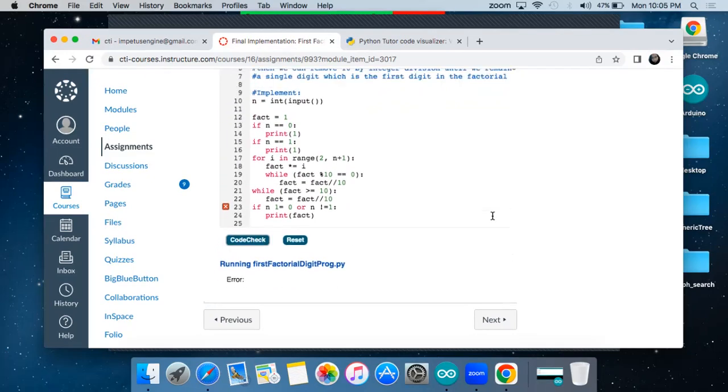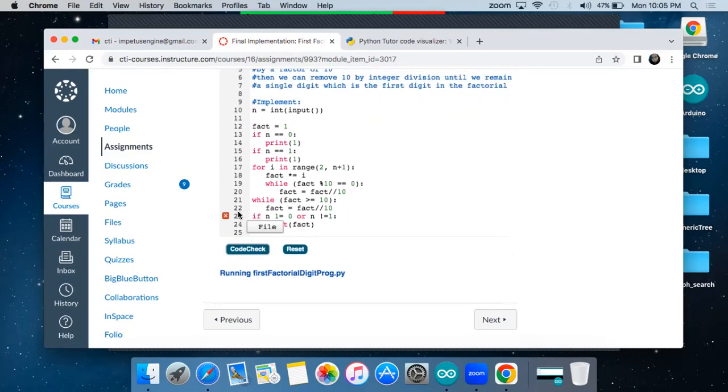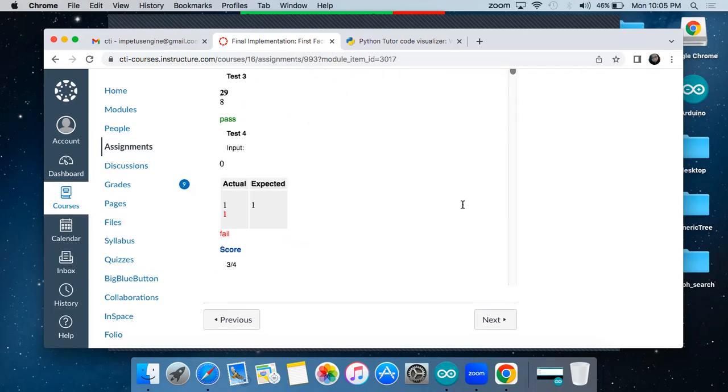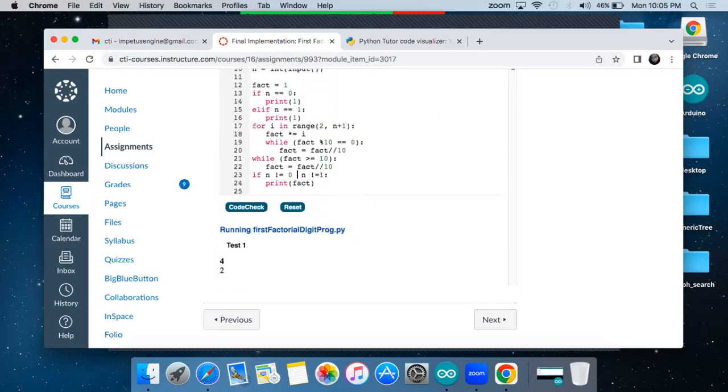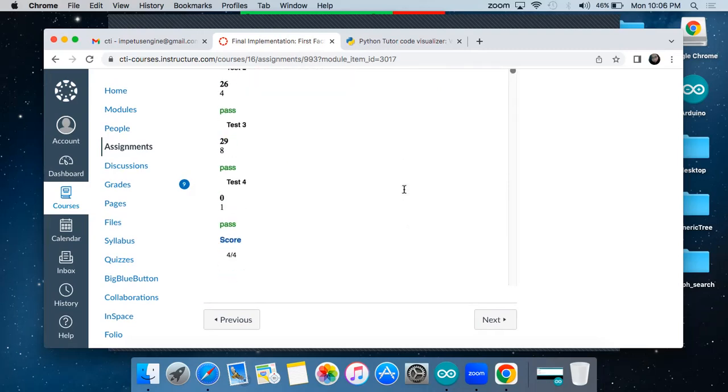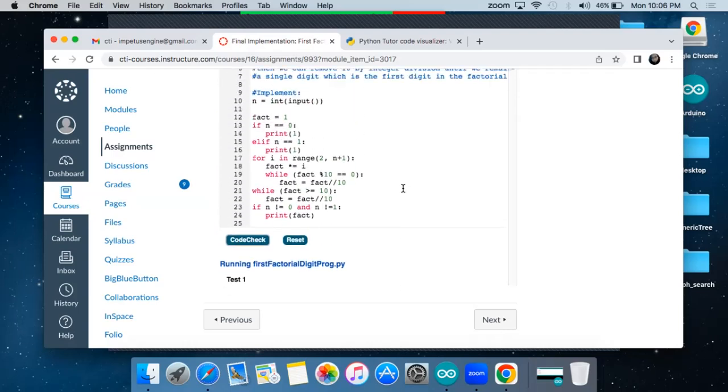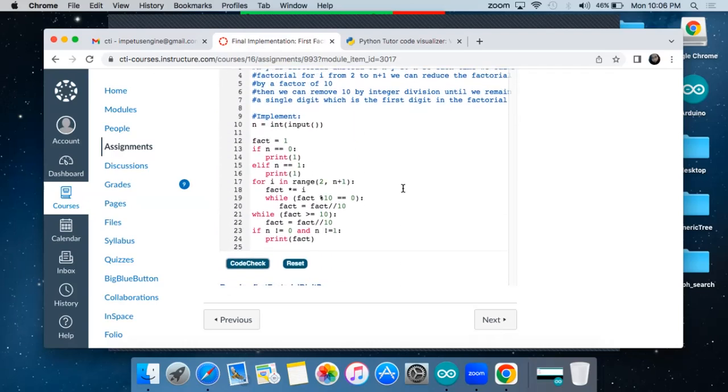I'll write left here. So there's one. And it passes. So we have this solution.